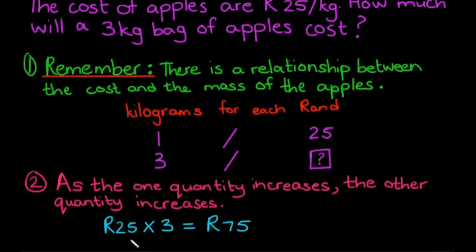The answer to this one is 25 Rand multiplied by 3, because we are increasing the kilograms by 3, which will give me 75 Rand for the 3 kilo bag of apples.